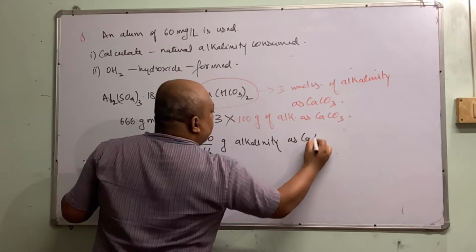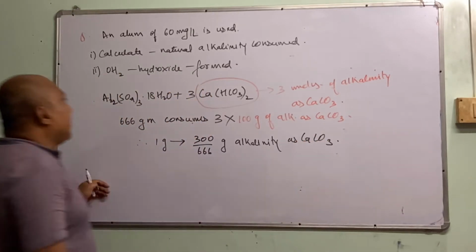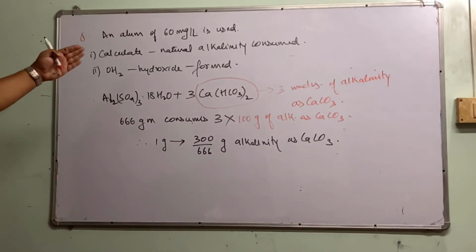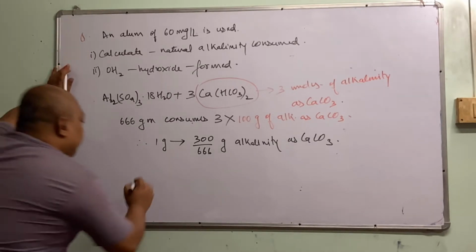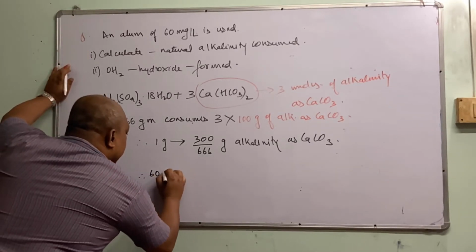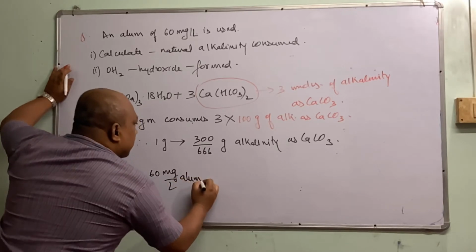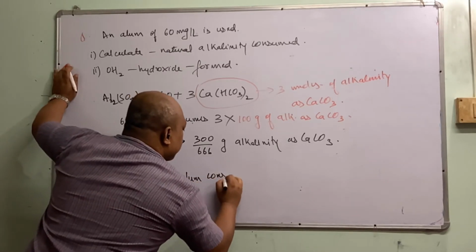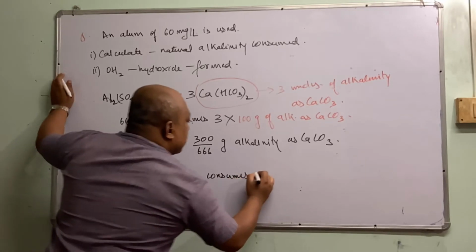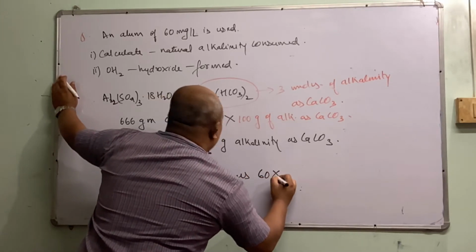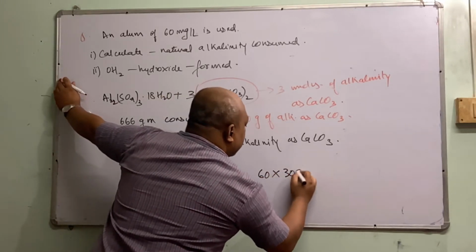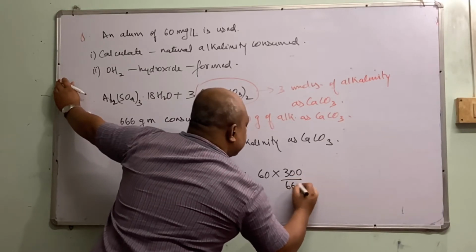Fine. Now, alum uses 60 milligram per liter. Therefore, 60 milligram per liter alum consumes 60 into 300 divided by 666.